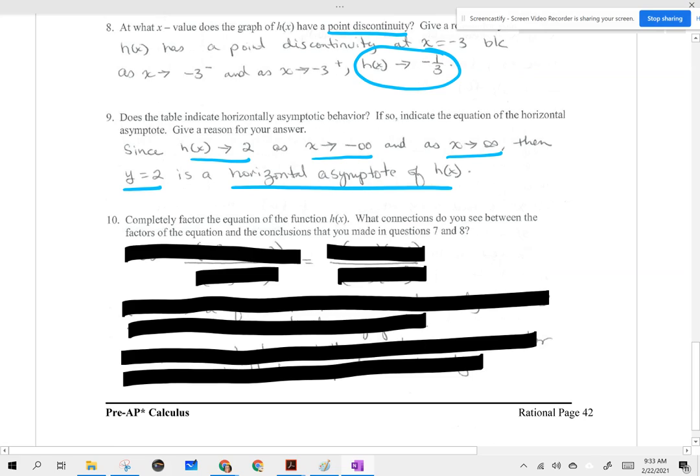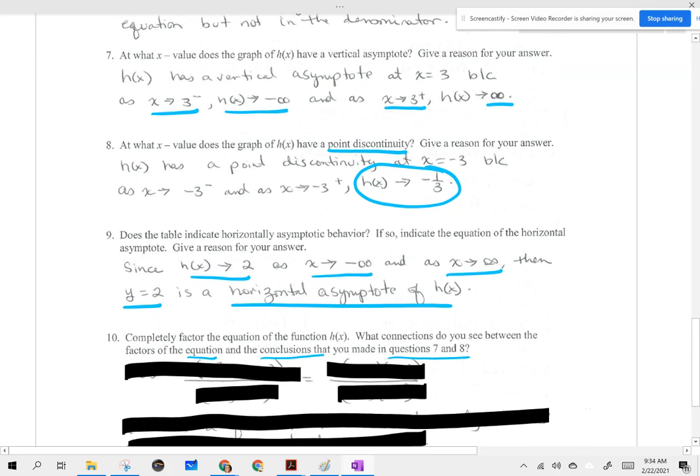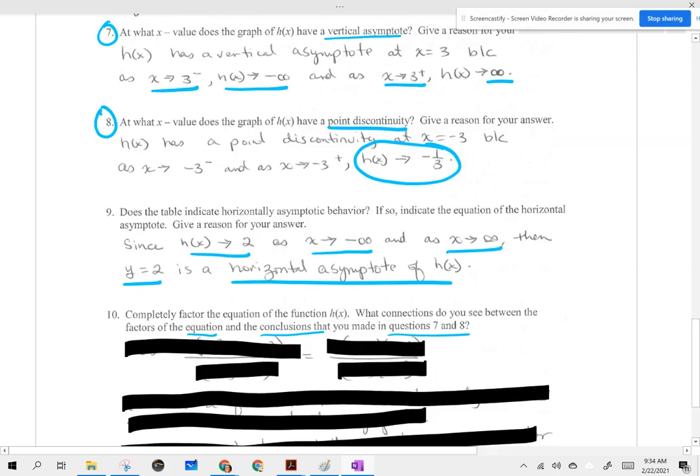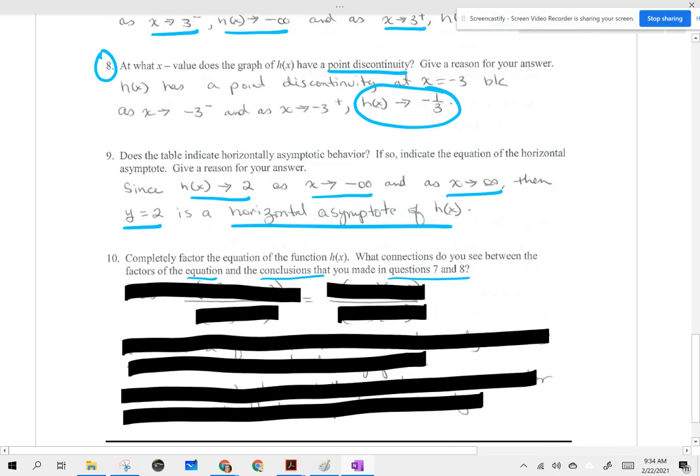Number 10, completely factor the equation of the function h of x. What connections do you see between the factors of the equation and the conclusions that you made in questions 7 and 8? So take a look at what we did in 7 and 8. That was talking about the vertical asymptote and the point discontinuity. So let's just take a look at what we're going to start here.